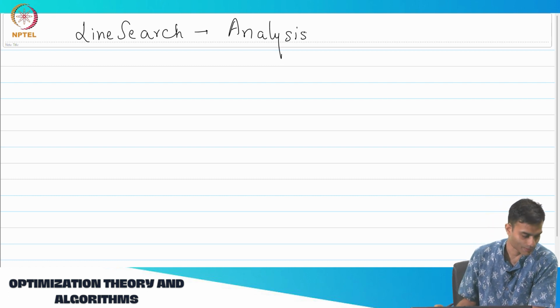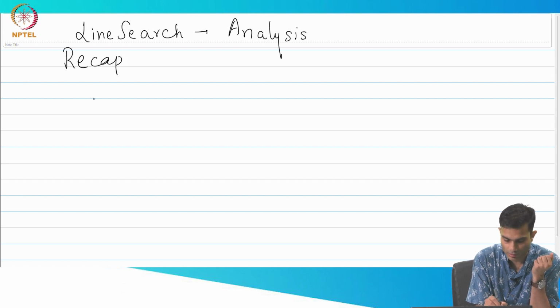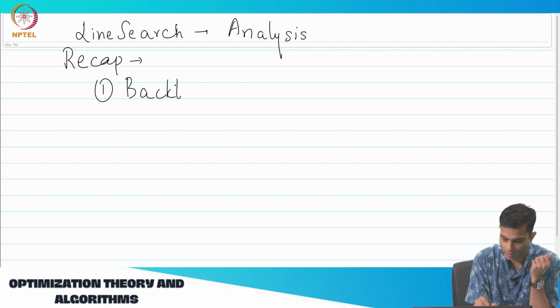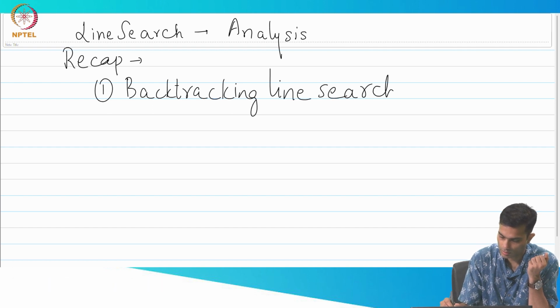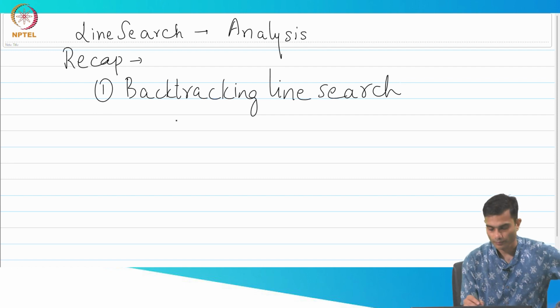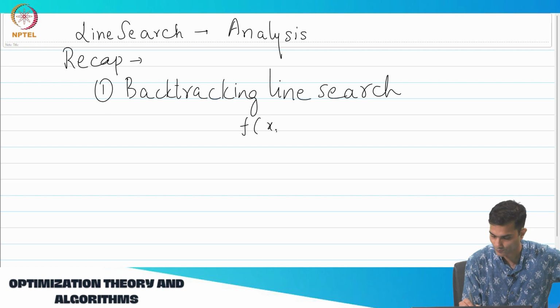So let's just recap the backtracking line search algorithm before we get into analysis. I have f of xk plus alpha pk.